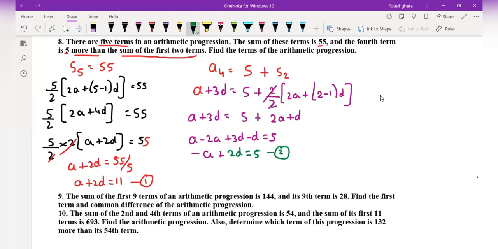Okay, so यहाँ पे solve करेंगे. So a plus 2d is equal to 11. That is the first equation. Sorry, यहाँ पे minus नहीं है.